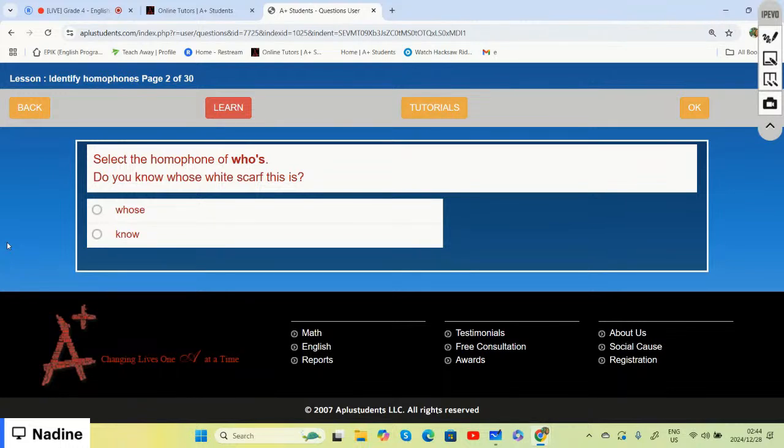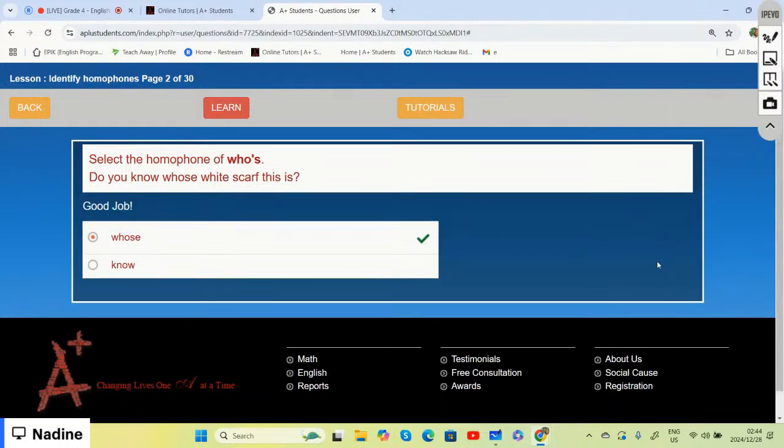Which word is correct? And if we were to choose the correct option, then yes, whose is the homophone of who's. It's like who is. Well done.